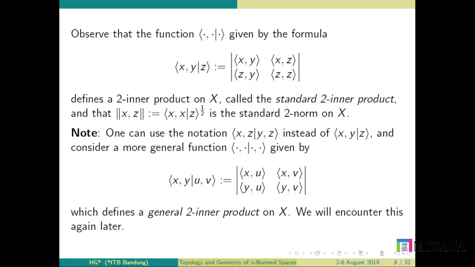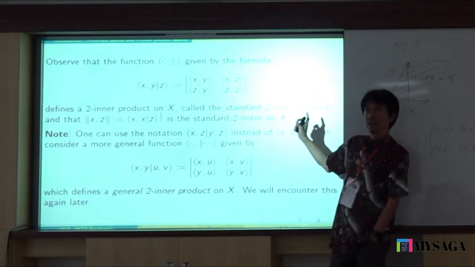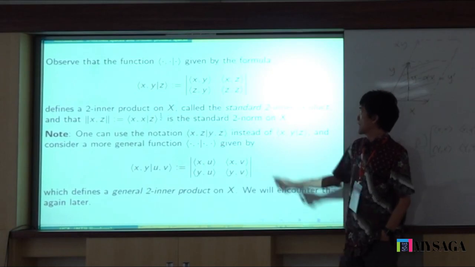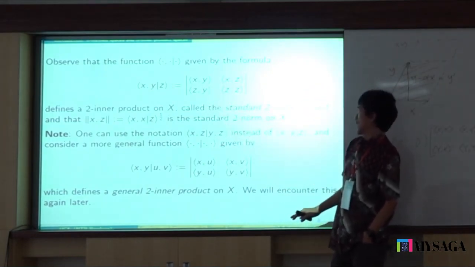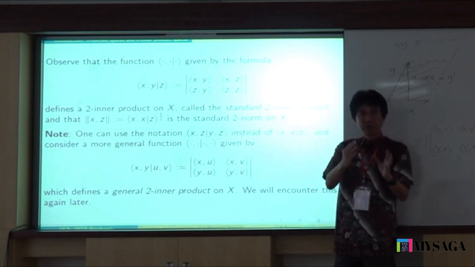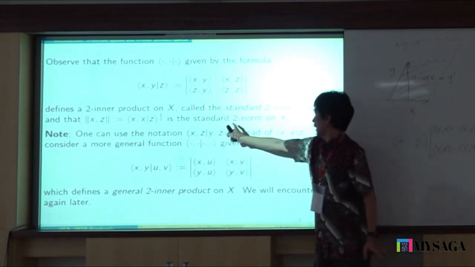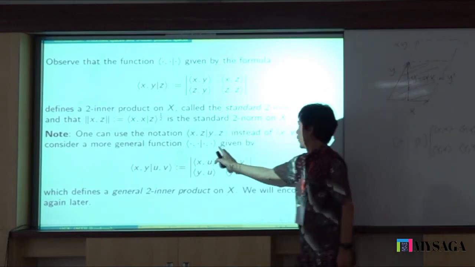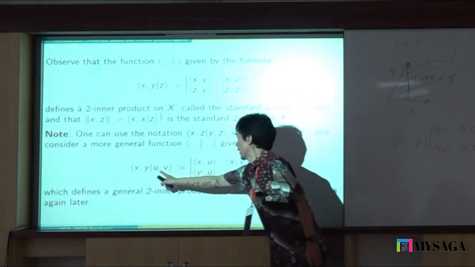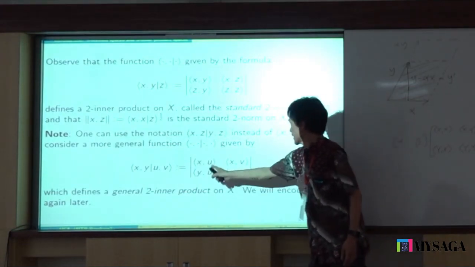I make a little note here. Actually, I added this this morning: one can use this notation instead of that notation. It's a bit different, okay? But z appears on the left and also on the right, and I put the vertical line there. Instead of this, one can actually use a function of 4 vectors, and in general one can have all different x, y, u, and v, and one has this determinant.